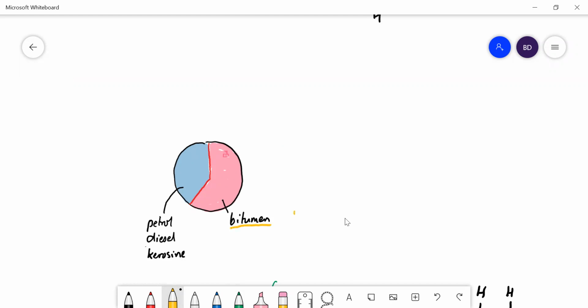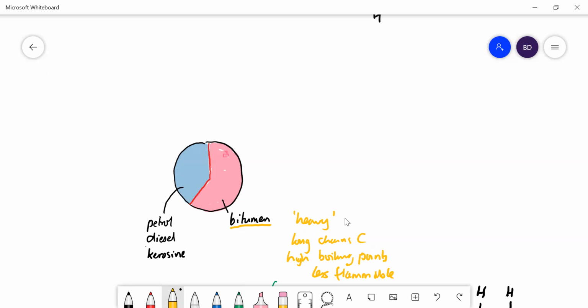When we say heavy, we mean they've got long carbon chains. That means they've got high melting points and high boiling points. And the higher the boiling point means that they're not very flammable. And as they're not very flammable, that tends to mean they're not very good to use as fuels.